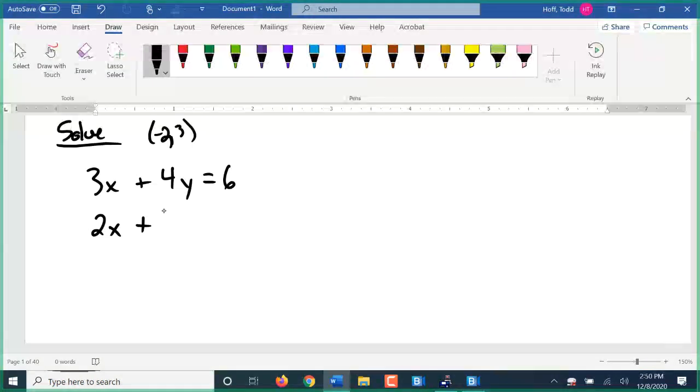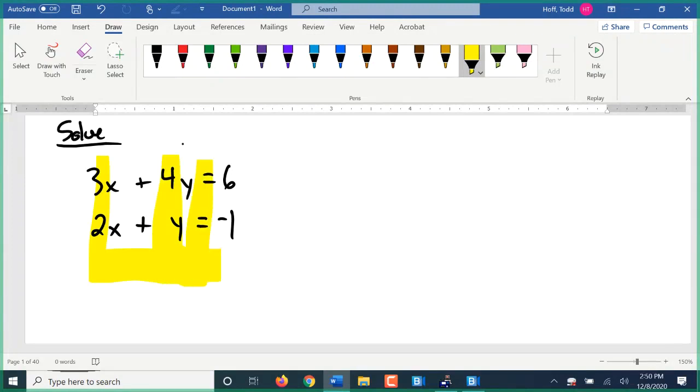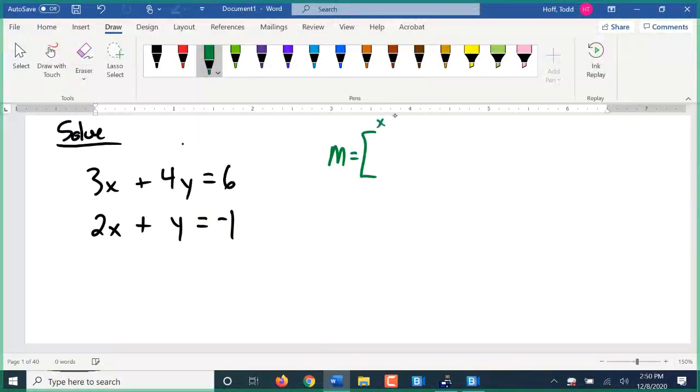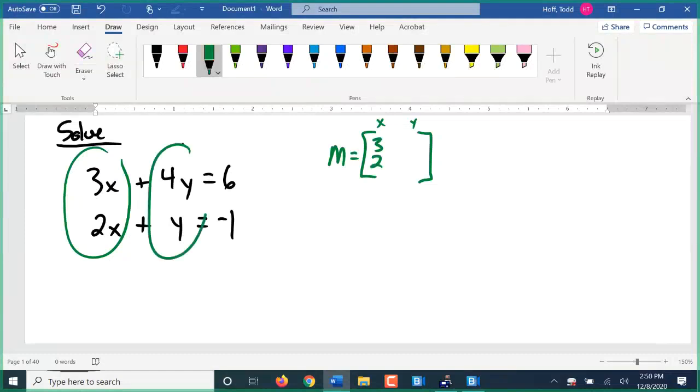And 2x plus y equals negative 1. So we're going to go ahead and pick this apart. It is, first of all, in the correct form, x's, y's, equals, and constants. So let's define our matrices. Our base matrix, remember that's the x and the y column of coefficients. The x's are just 3, 2. The y's are 4 and 1.